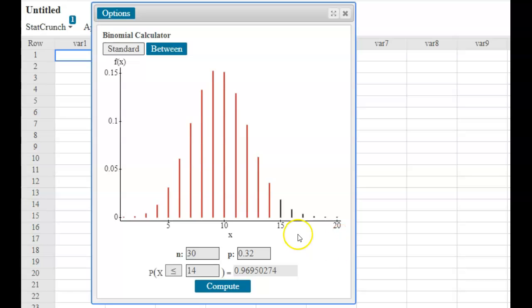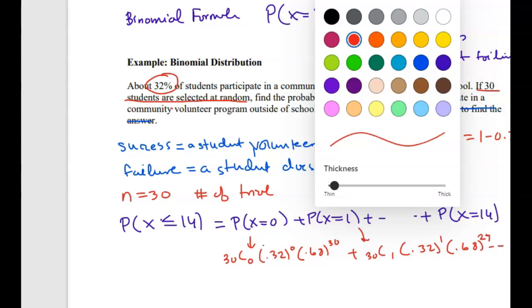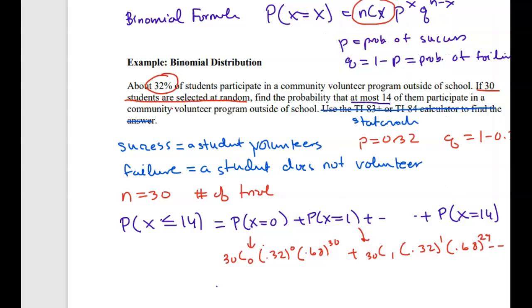So it gave me all the probabilities added up, which is this number. That's our answer, 0.9695. Four decimal places is good. All right, that's it.